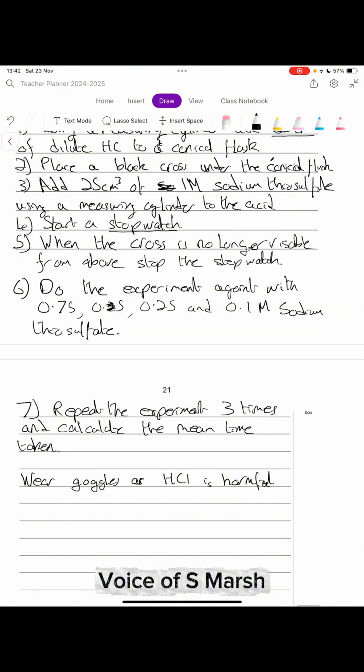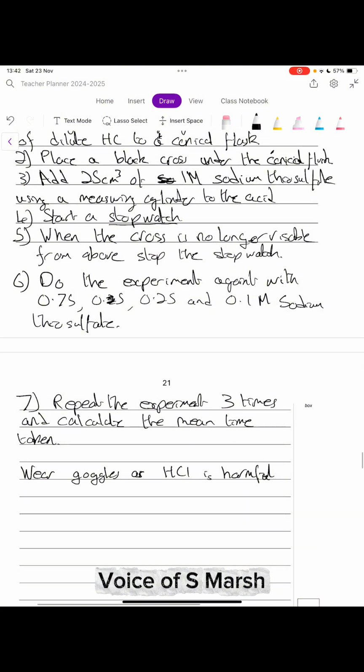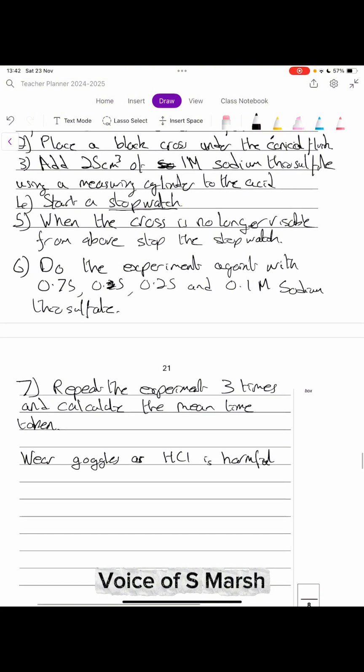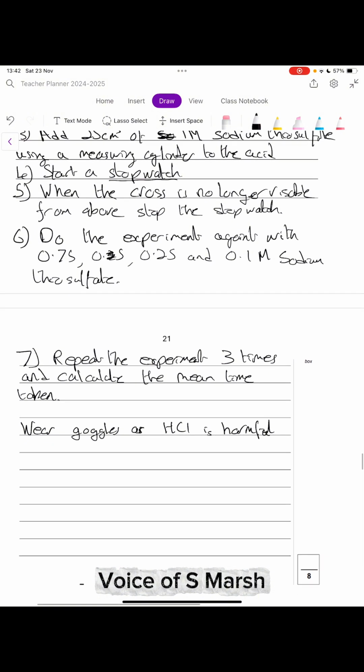Okay. Now, last of all, you could talk about converting the time taken into a rate, which would be really the top kind of mark.